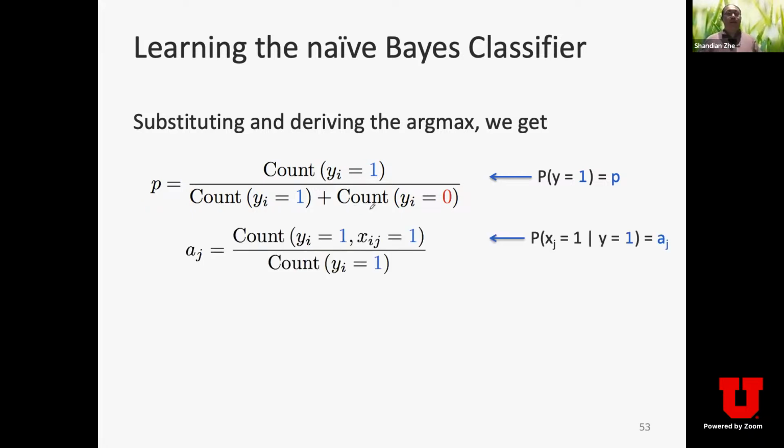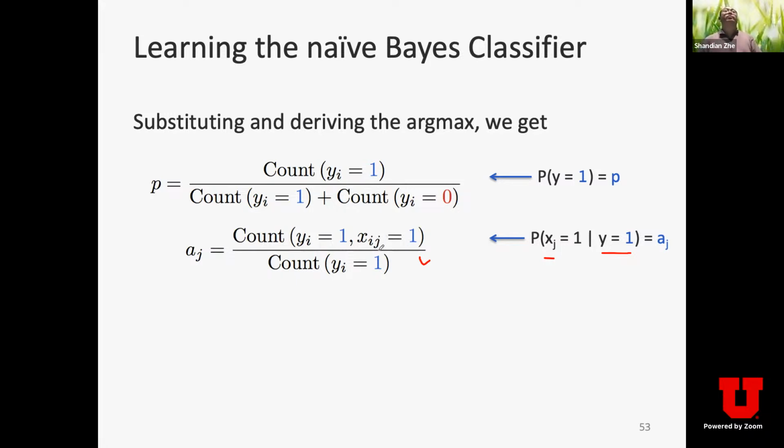And what about the aj's? Remember, aj is the probability that, given your label is 1, your j-th feature takes 1. So this one is calculated as follows. You just look at all positive examples, meaning the examples whose yi's are 1. And among those examples, you look at how many of them have a j-th feature of 1.